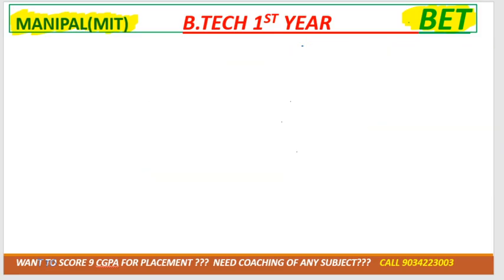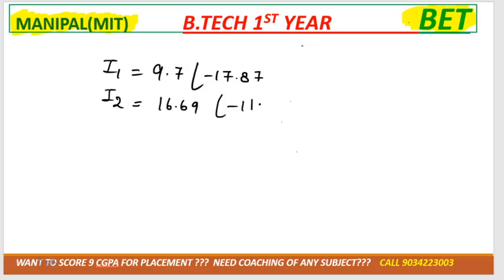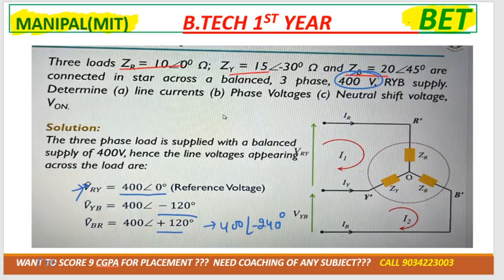So after solving, we will get I1 equal to 9.7 angle minus 17.87 and I2 equal to 16.69 angle minus 116.63. So basically we are getting the mesh currents, right?